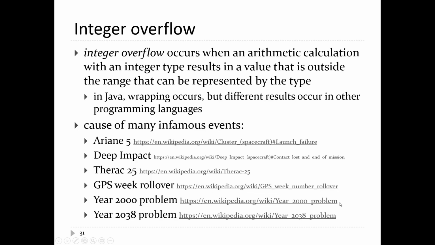The year 2000 problem is a very famous problem that was before many of you were born. It stems from the fact that a lot of banking and financial software stored the years with only 2 digits, right?